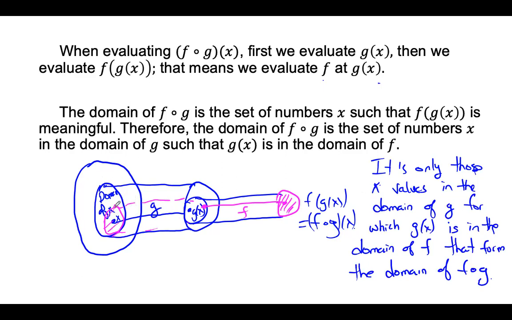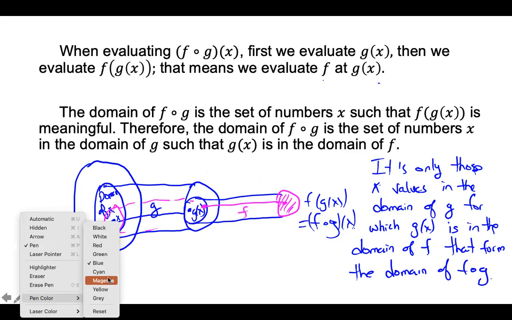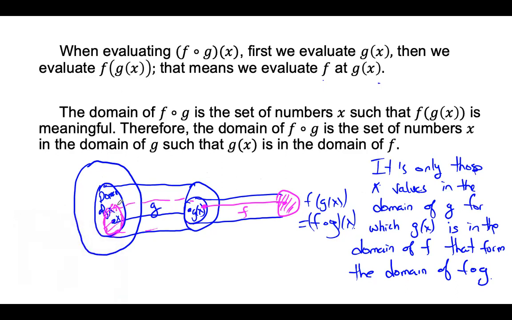We apply the function G, and then we have applied the function F. And depending on whatever those, I know it's a bit abstract at this point, it depends on what those functions are. So the domain again is this area here.